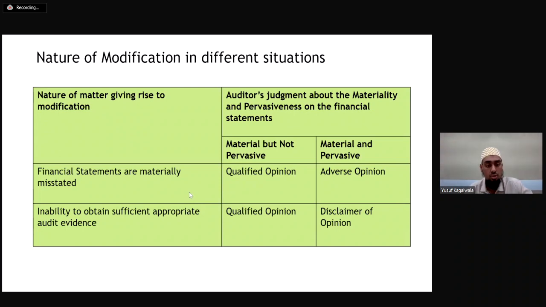If we conclude, based on our understanding and audit procedures, that in the absence of this evidence the financial accounts impacted will be material but not pervasive, then it will be a qualified opinion. And if the impact will be pervasive, then it will be a disclaimer of opinion.